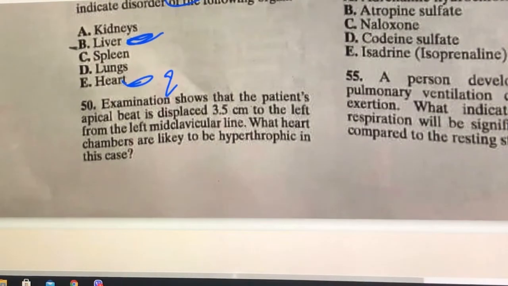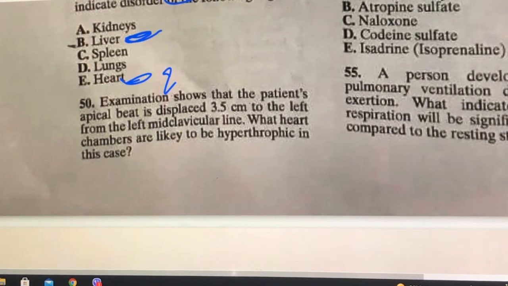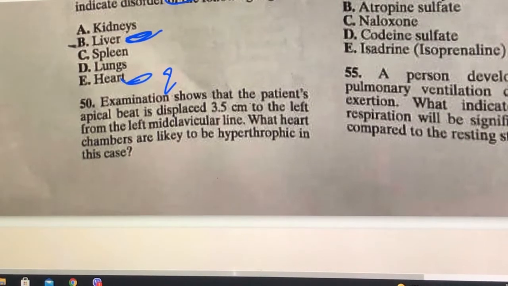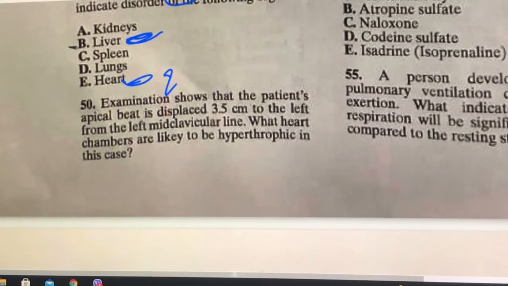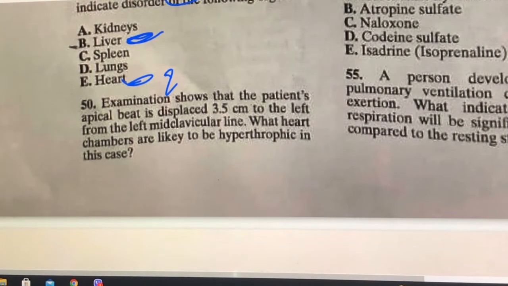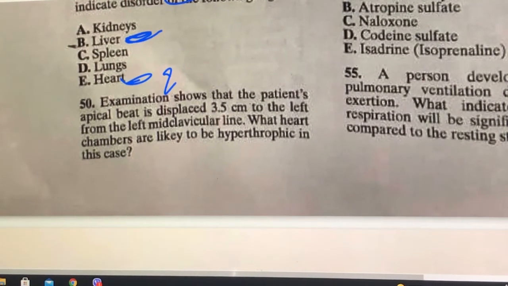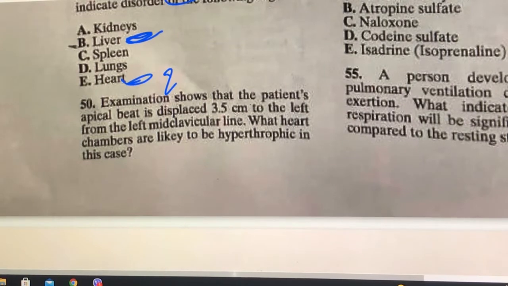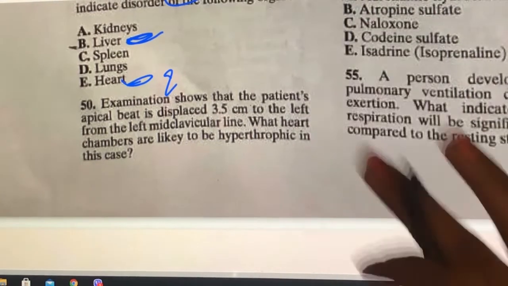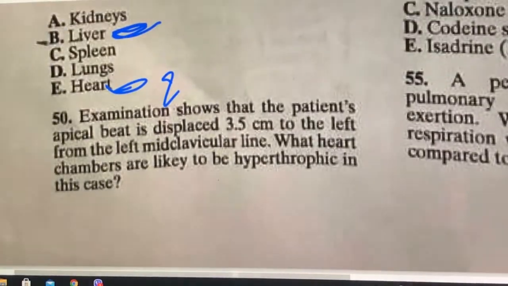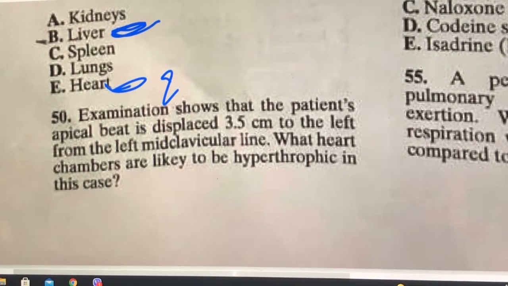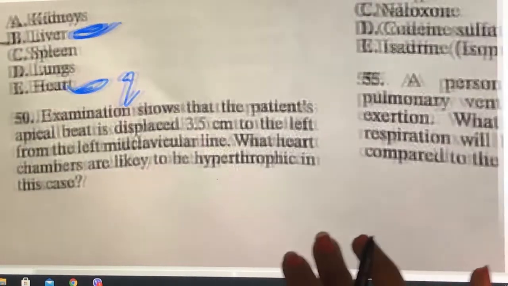Question number 50. Examination shows that the patient's apical beat is displaced 3.5 cm to the left from the left mid-clavicular line. What heart chambers are likely to be hypertrophic in this case? One more thing, guys, please focus on the position of the heart according to the mid-clavicular lines, and also know its syntopy.